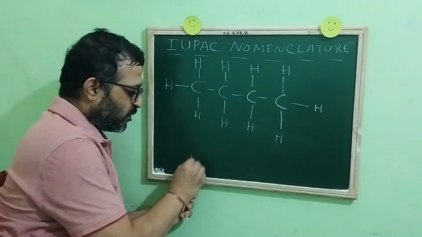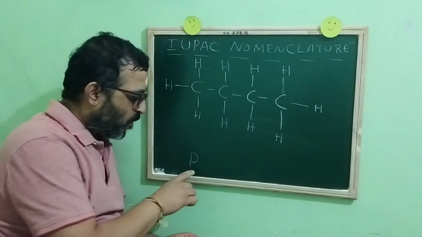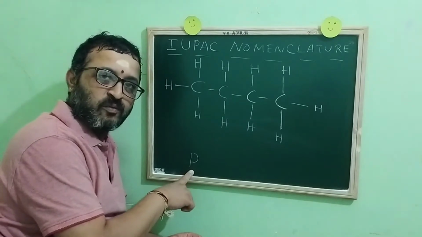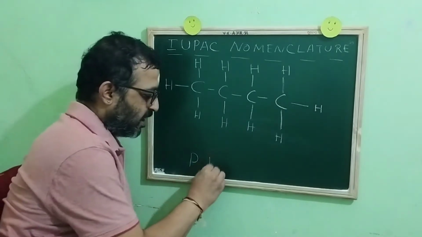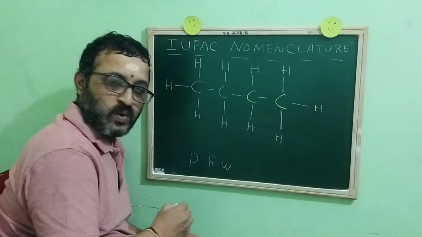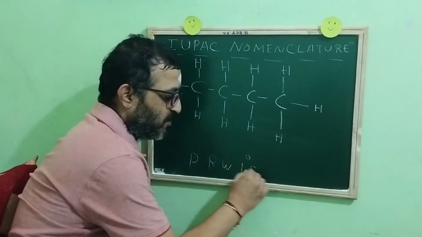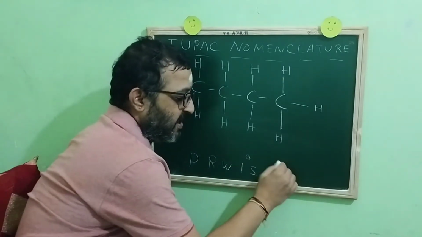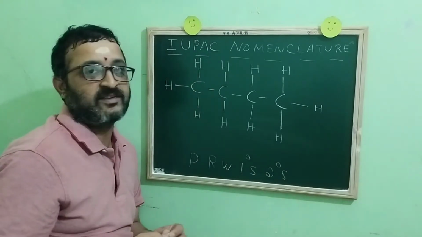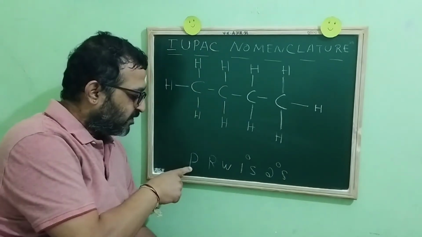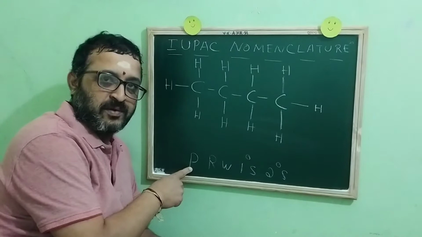The order that has to be followed for naming the organic compound is first what should come? Prefix and root word, then primary suffix, and then secondary suffix. Now children, what is the information you are going to get from the prefix?